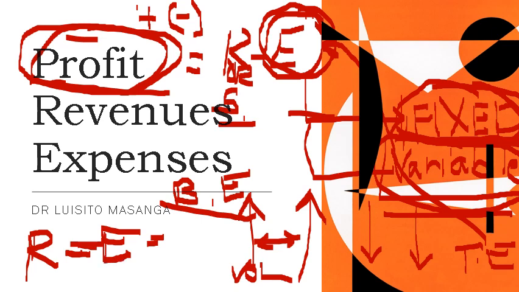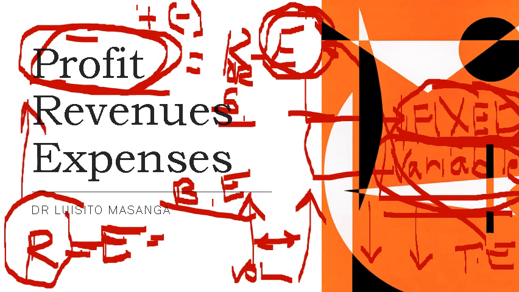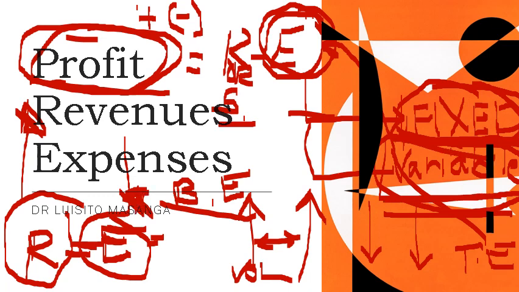But no entrepreneur wants to operate the business always at break-even point. So you have to increase your revenues coming from your customers and control your expenses so that your expenses will not go higher. Again, what are expenses? It could be fixed and it could be variable expenses. So, this is very important.